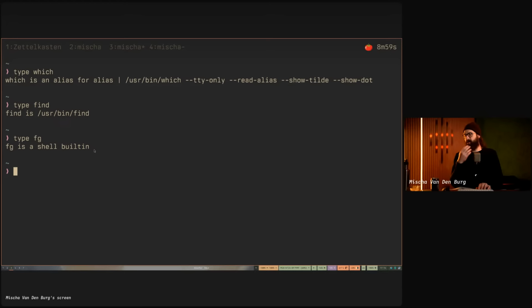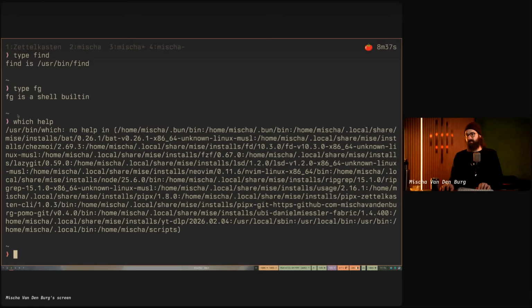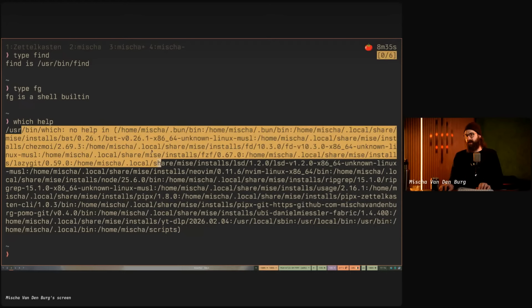And we're going to be looking into how to find information on the Linux system in a future one, but we could do it very quickly. You've seen me use man, but type fg is a shell builtin. Now, if I want to get information about a shell builtin, I need to run the help command, okay? But there's no help in my path.